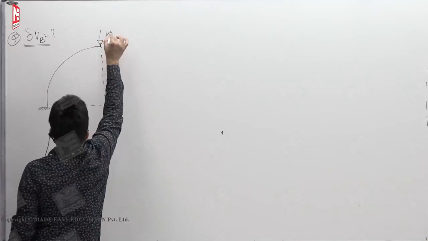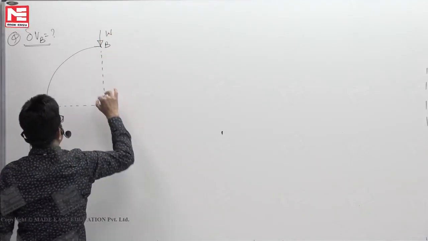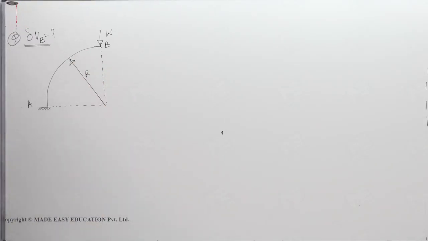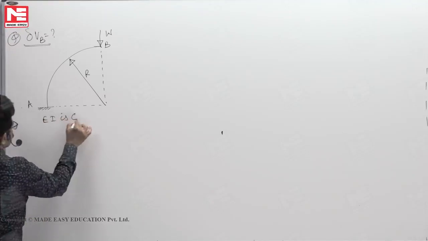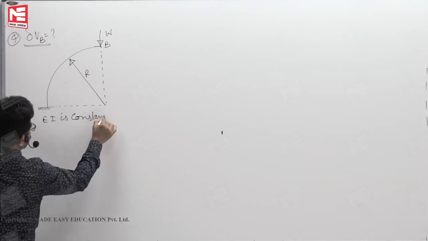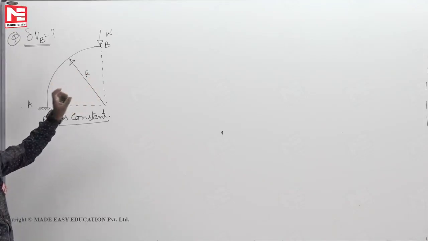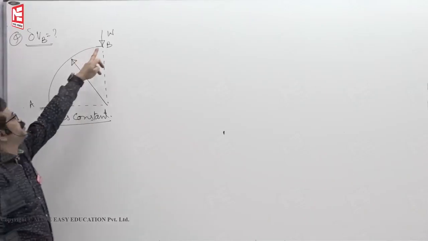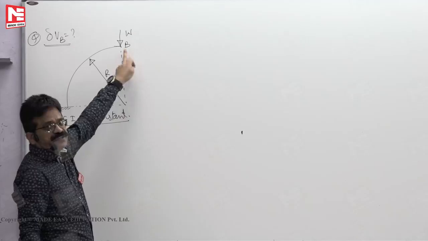Assume that you have applied a load W. This point, let us say A, B. This is the radius of curvature, let us say R. EI is equal to constant. Now you have a quarter circle or quarter circular segment whose EI is constant. You are applying a vertical load W. We want to find the vertical displacement of B.